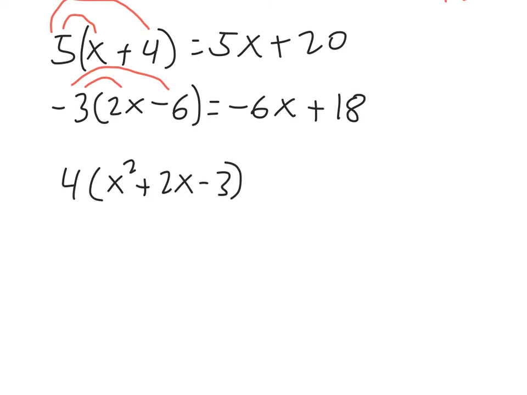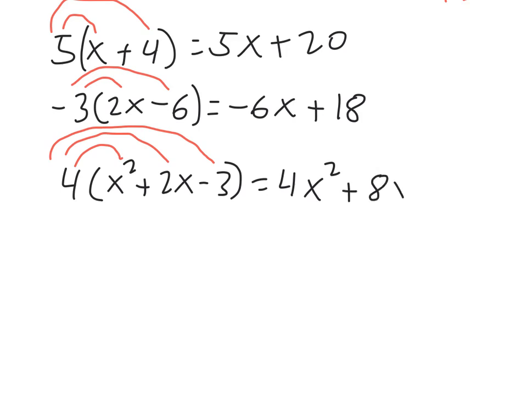Let's look at one more problem. So here we have 4, but in parentheses we have 3 different terms. We have x squared, we have 2x, and we have negative 3. So we have to multiply 4 by each one of these. So 4 times x squared, 4 times 2x, and 4 times negative 3. So 4 times x squared is just 4x squared. 4 times 2x will give us 8x.